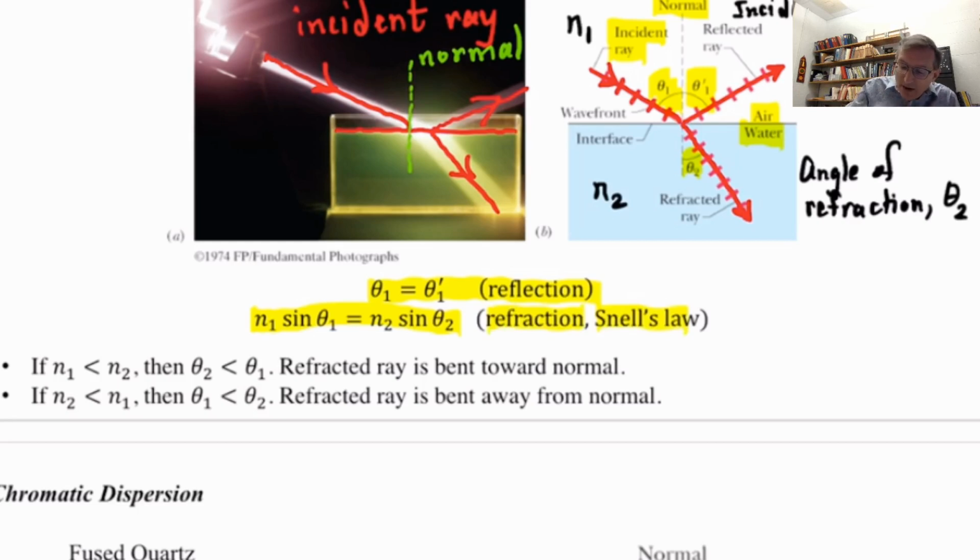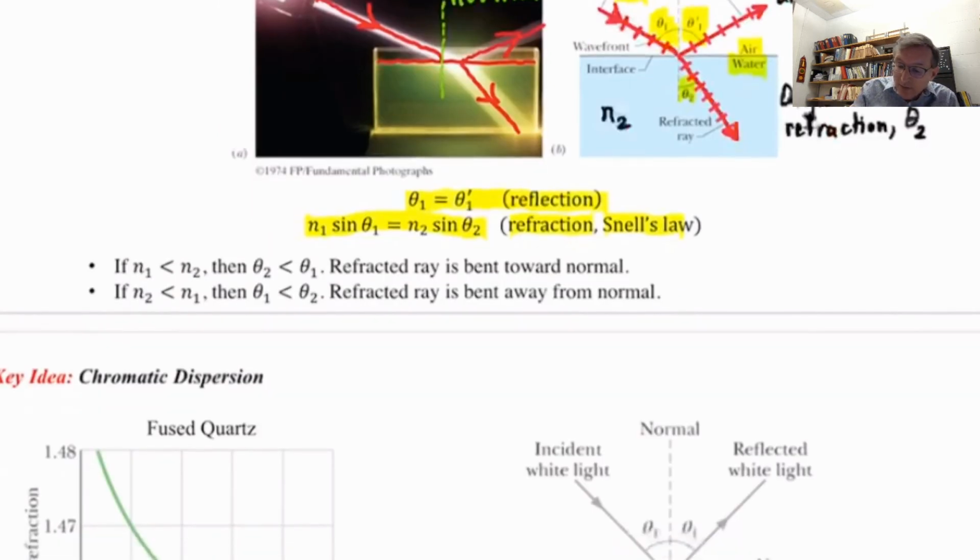Note then, if this equation is to be satisfied, and so far experiments show that it must, there are some general conclusions we can draw about refraction at an interface. Okay? What if you have, which is the picture we're showing you, the situation where N1 is less than N2.